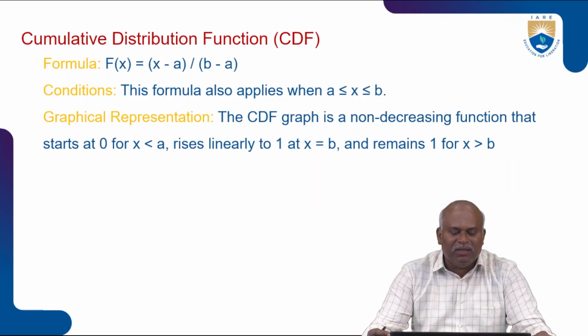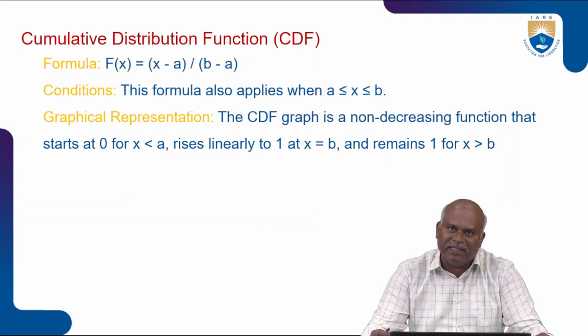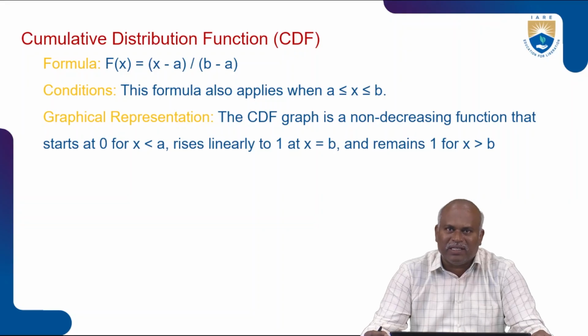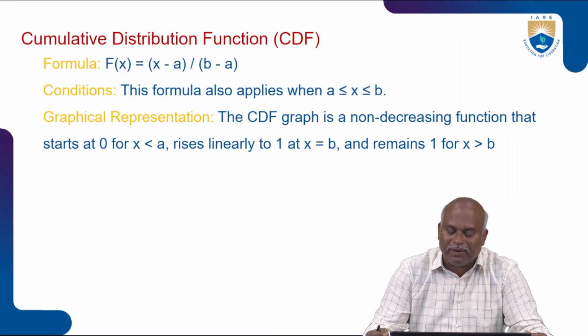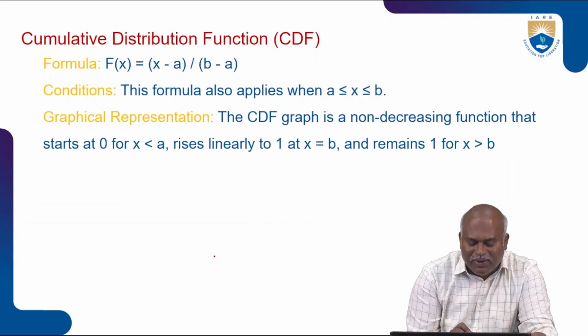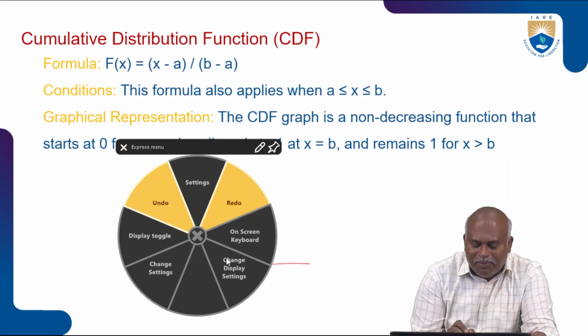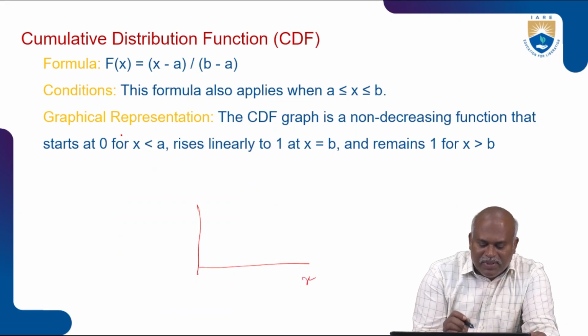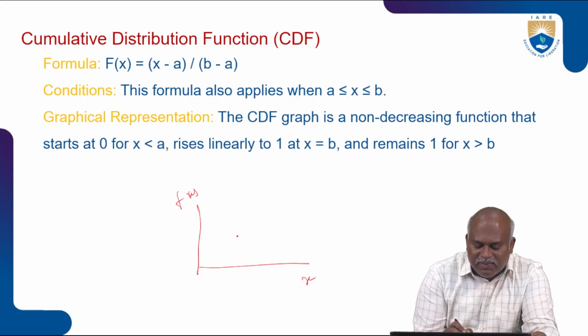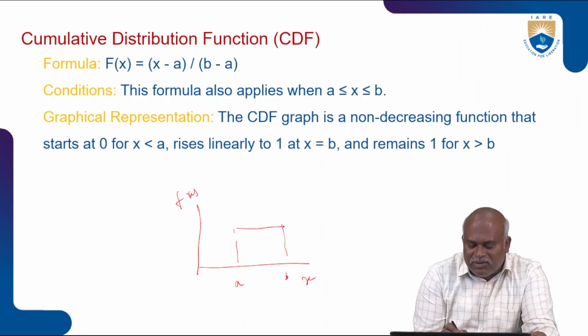Next we go for the cumulative distribution function of the uniform distribution. The cumulative distribution function F of x is equal to (x minus a) divided by (b minus a). Why are we going to write this? Because of how our probability is going to happen. In the uniform case, this is a lower boundary, this is an upper boundary, and it is uniform.